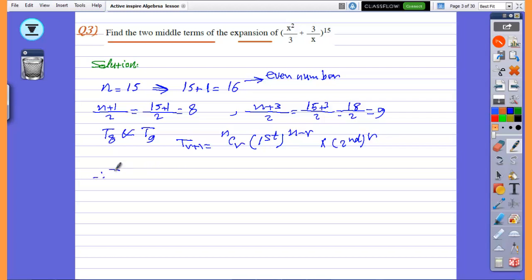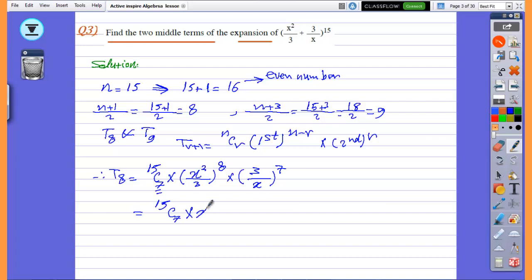So T8 equals 15C7 multiply the first term, x squared over 3, power 15 minus 7, which equals 8, multiply second term, 3 over x, all power r, and the r here equals 7. So it is equal to 15C7 multiply x power 2 all power 8.